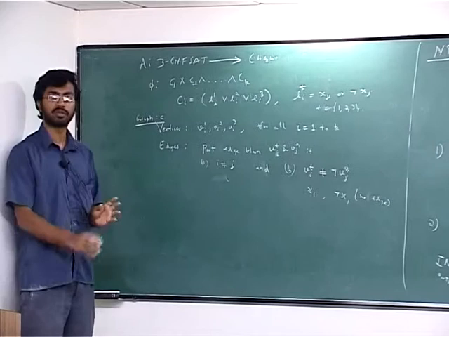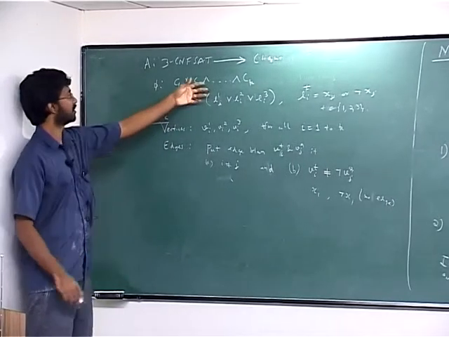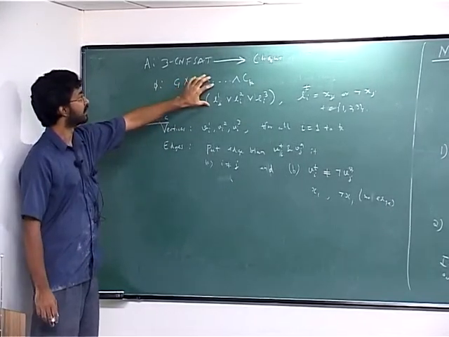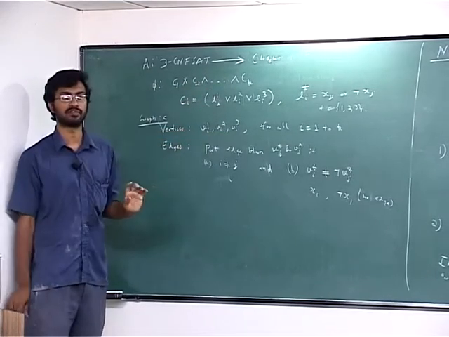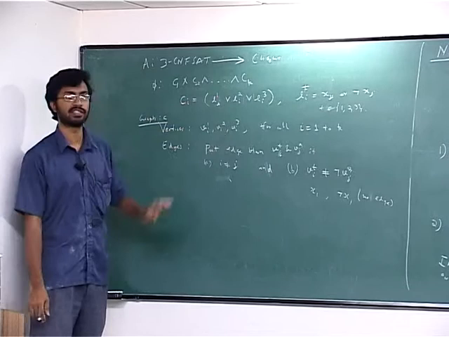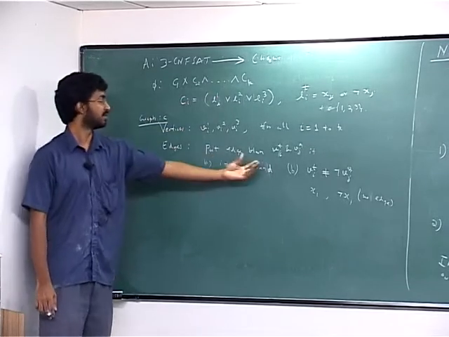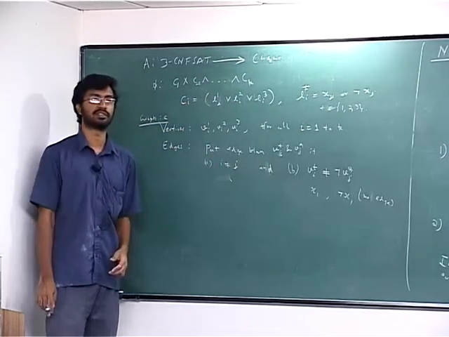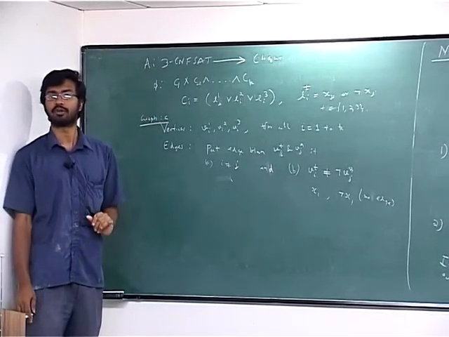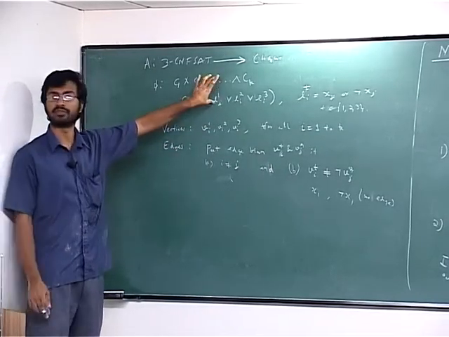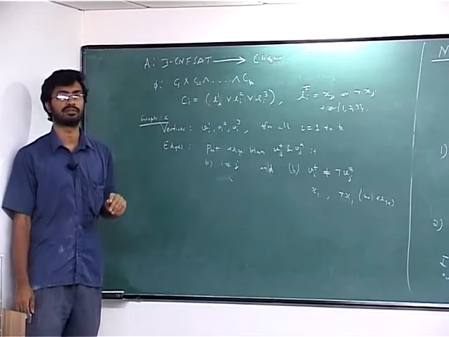So what does our algorithm do? Our algorithm takes this input formula and just outputs this graph. It has to just output these vertices and output edges just by looking at these two conditions. And firstly, I claim this algorithm runs in polynomial time, polynomial in the size of the input formula.